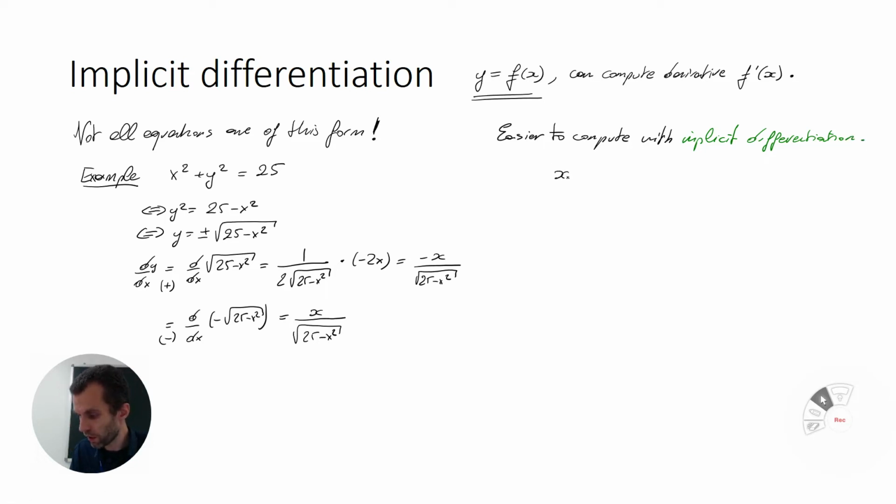You just take the equation x squared plus y squared is equal to 25, and now you take the derivative of both sides, to get d/dx of x squared plus y squared is equal to d/dx of 25. And now we can work that out.